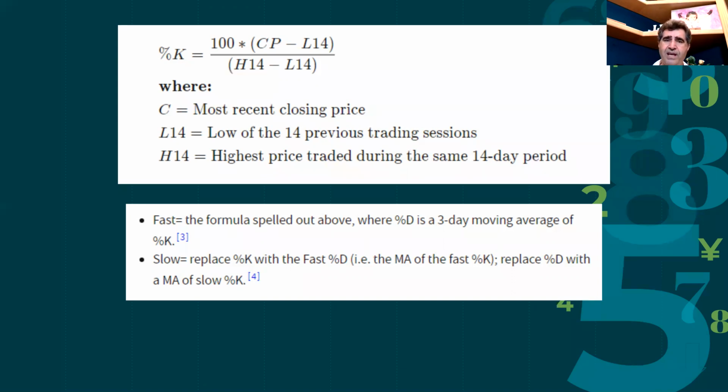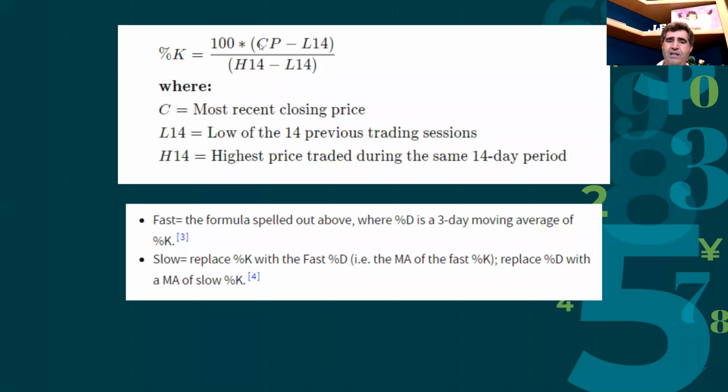So all it is, is something called percentage K. We look at the closing price of today minus the low of the past 14 days. So we look at the past 14, what was the lowest price? And then we look at the highest price in the past 14 days minus the lowest, so we look at the difference between those two.